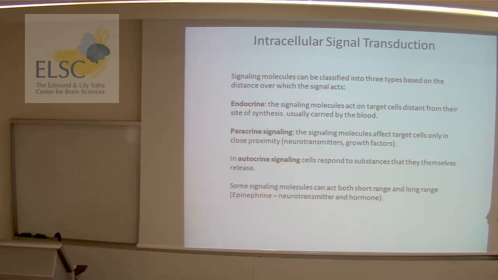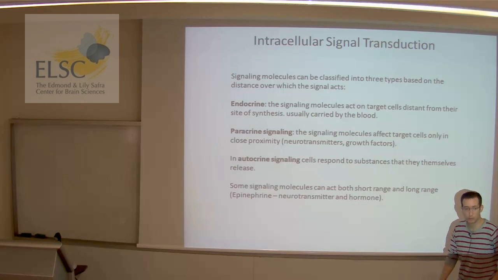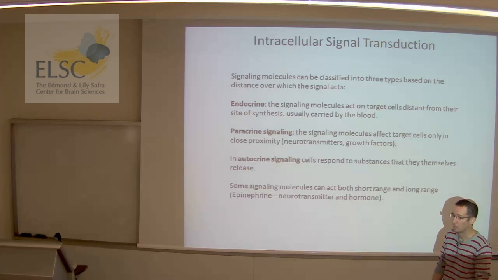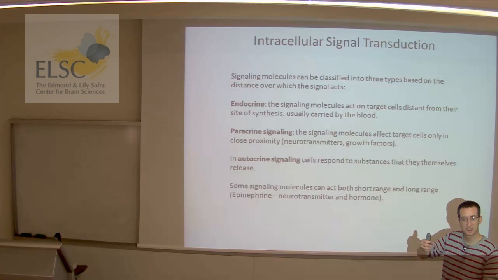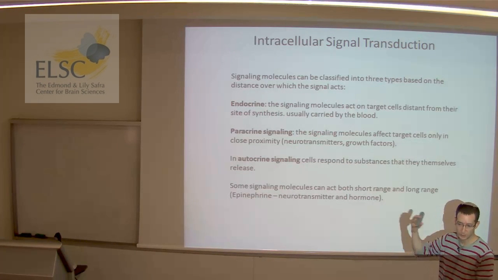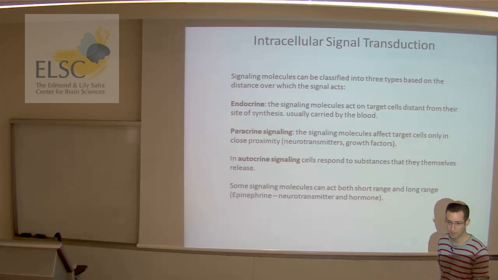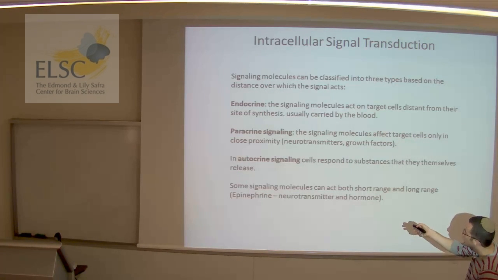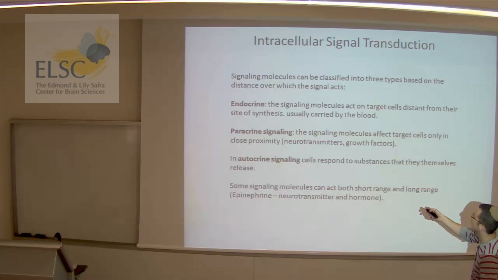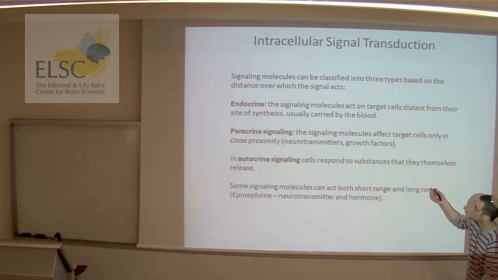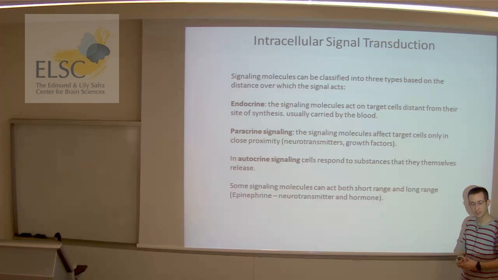Okay, so signaling molecules in our body are classified into three classes by the distance that passes between the cell that has secreted them and the cell that receives them. Endocrine signaling is the signaling of a molecule between faraway cells.